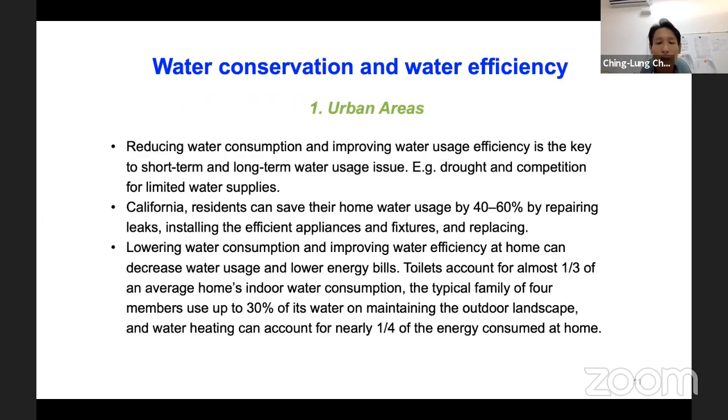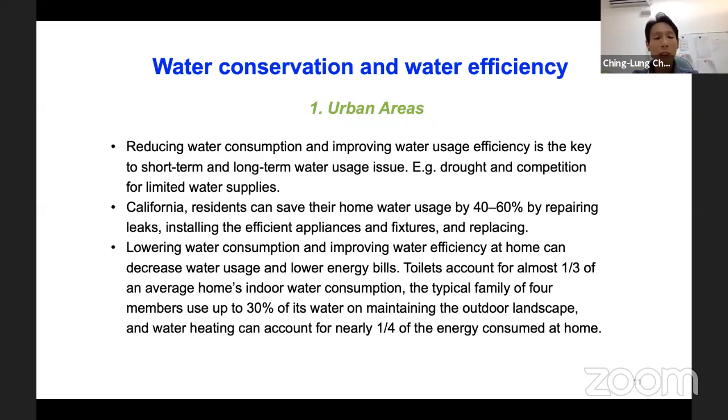For the urban area, the first point is that reducing water consumption and improving water usage efficiency is the key to short-term and long-term water usage issues, for example in the drought season and the competition for limited water supply.